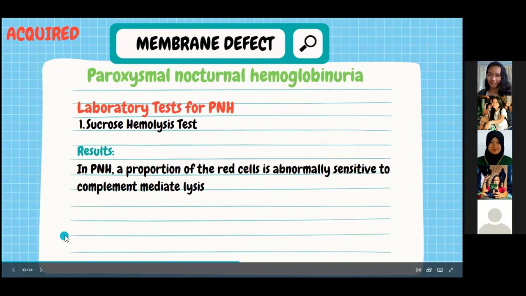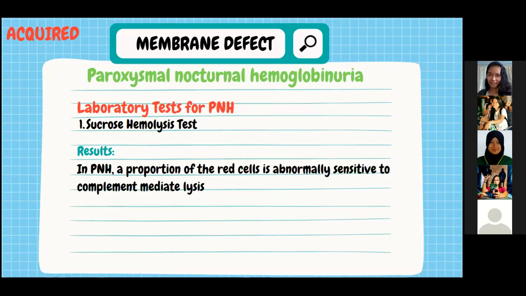So there will be laboratory tests for paroxysmal nocturnal hemoglobinuria or PNH. Number one is the sucrose hemolysis test. The sucrose or sugar water hemolysis test is a blood test to detect fragile red blood cells.